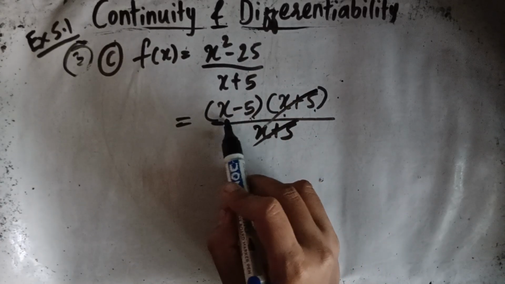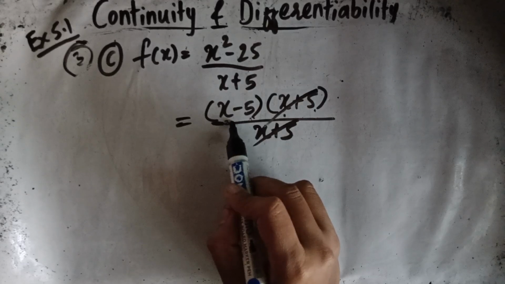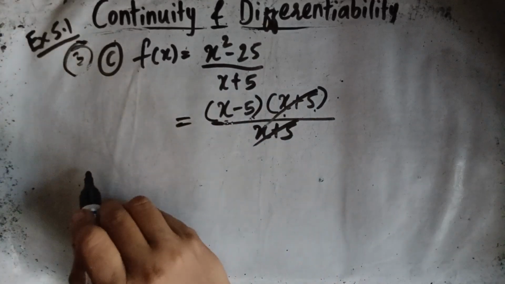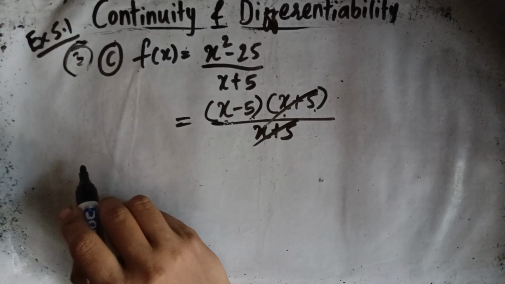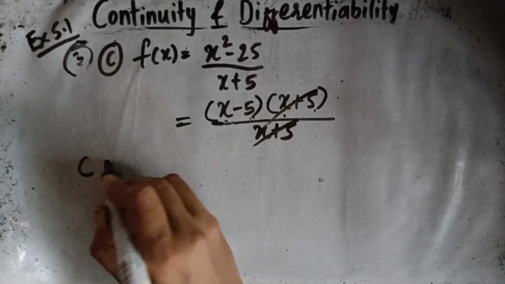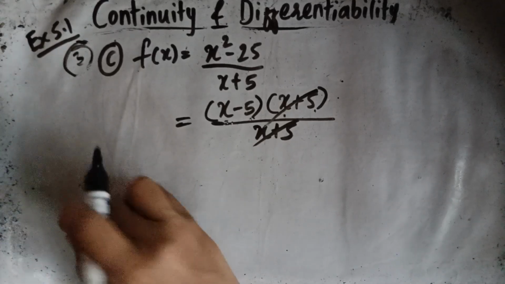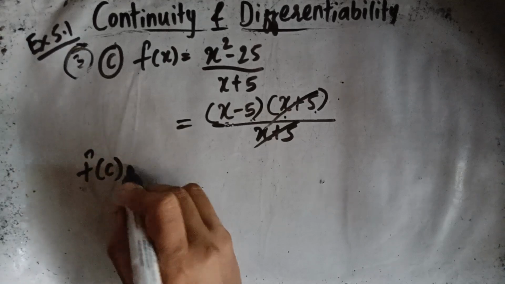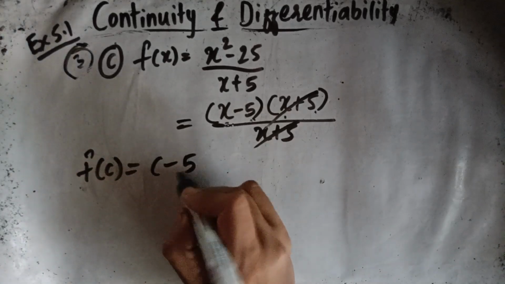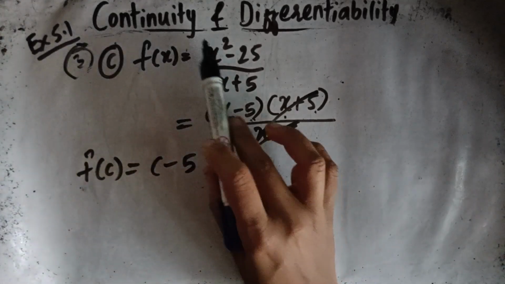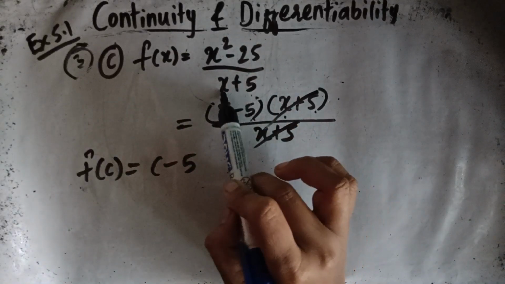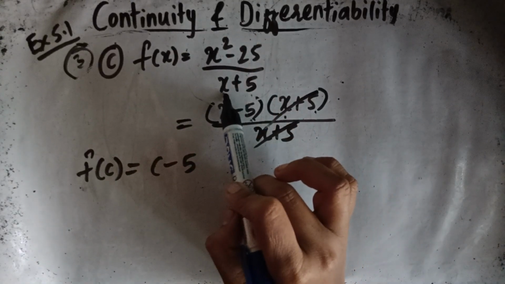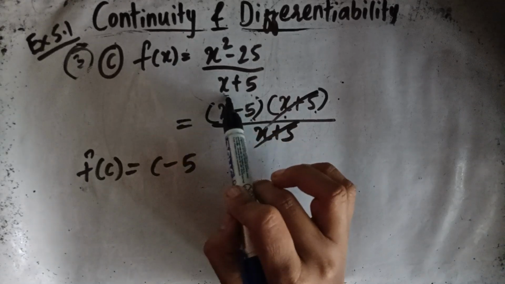Now you have to take x as c. So f of c is c minus 5. Now our original function is this, right? So here if I put x equal to minus 5, then the function becomes not defined.